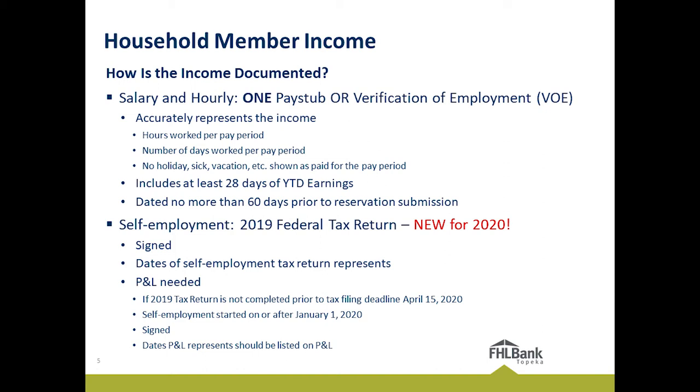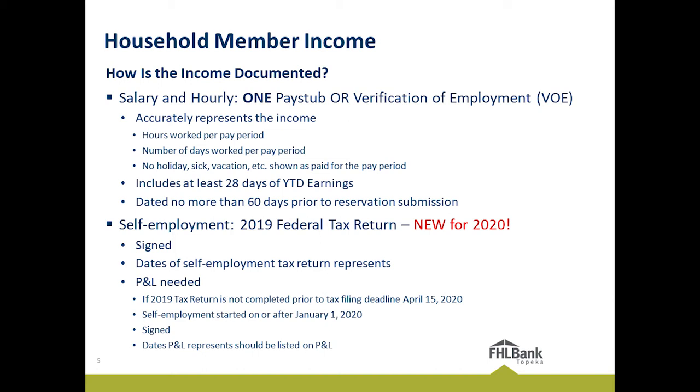For example, if the household member was self-employed all of 2019, the signed 2019 tax return is the required document. If the household member started the self-employment in May of 2019, the signed 2019 tax return is still the required income document.